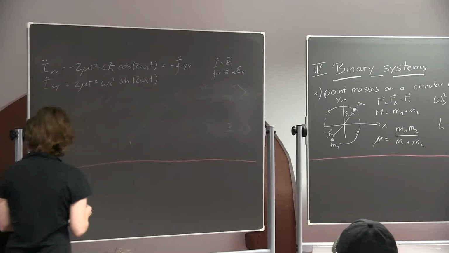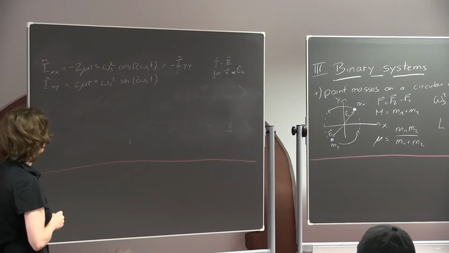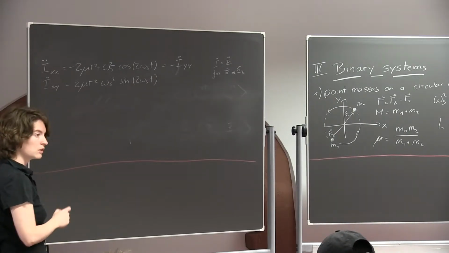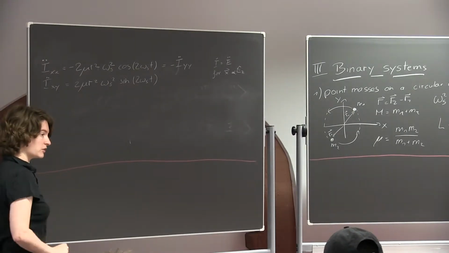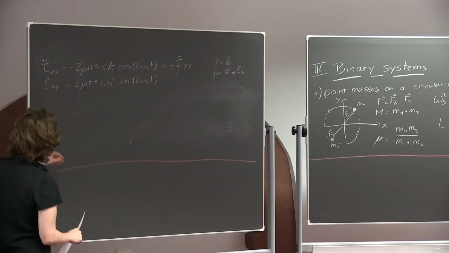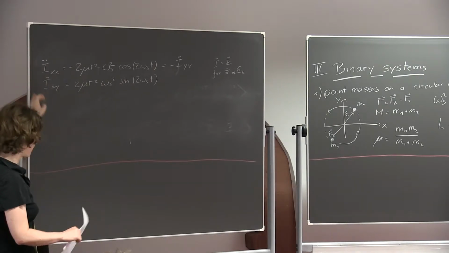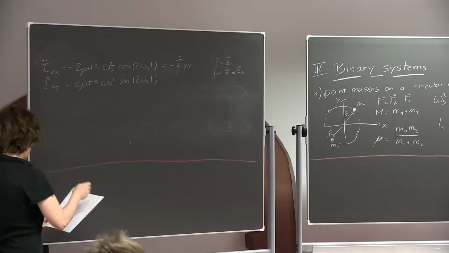Okay, so with that we can now look at the gravitational wave signal. We learned there are two polarizations, the plus and the cross polarization, where essentially the plus polarization is given by the diagonal components and the cross polarization by the off-diagonal components. So let's start with the plus.